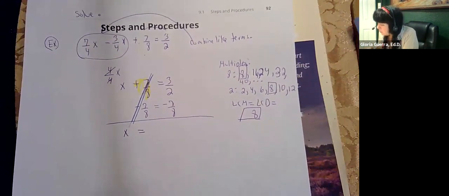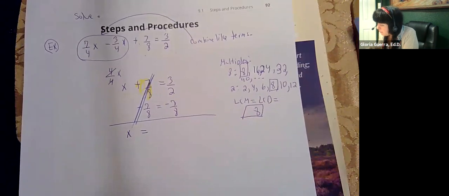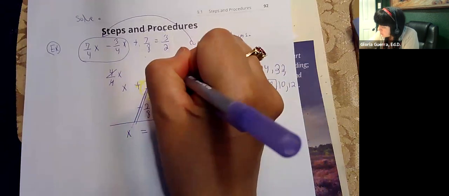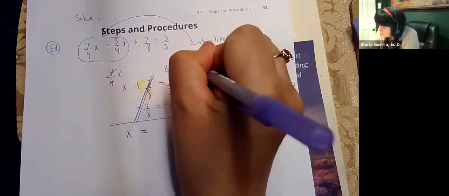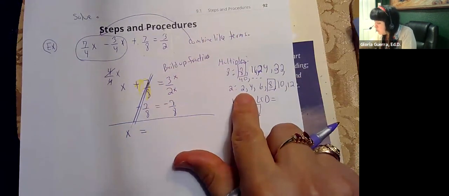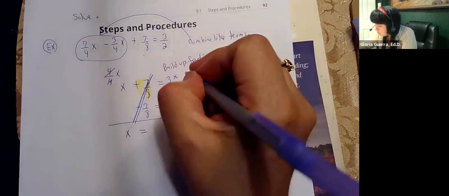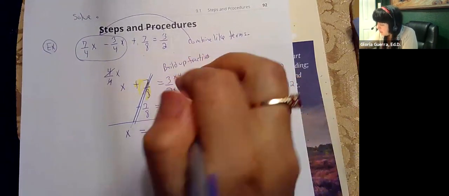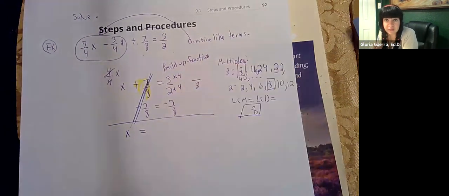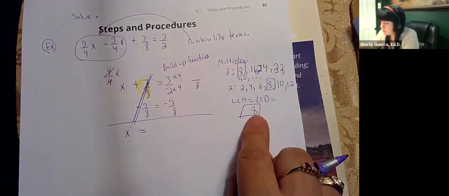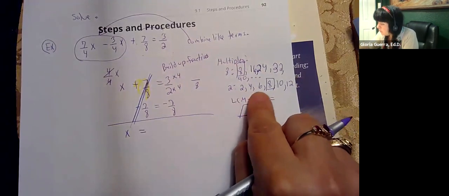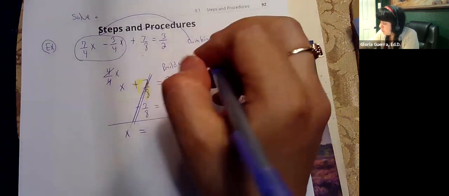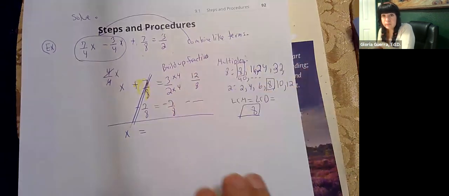Okay, so I'm going to multiply. These are called building up the fractions. If I look at 2, I count 1, 2, 3, 4 of them. So these are going to be little 4s, because 2 times 4 is 8, and that's what you're trying to arrive at. So 3 times 4 is 12. Then we're taking away 7/8.